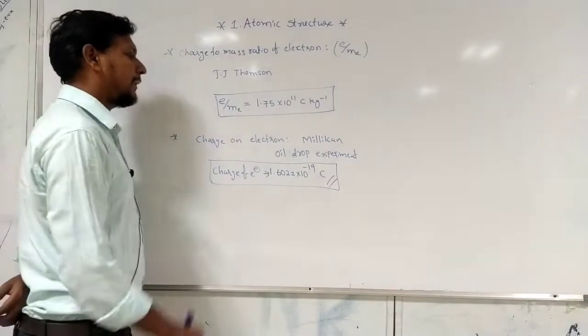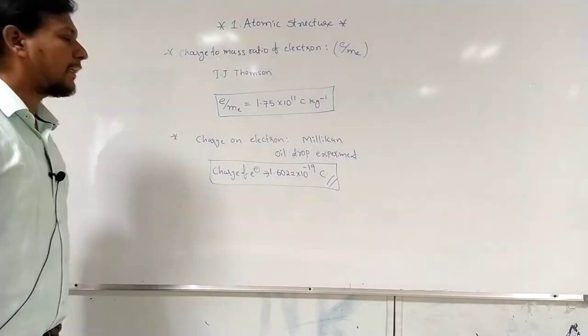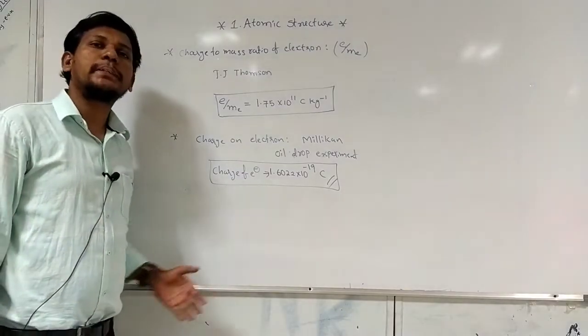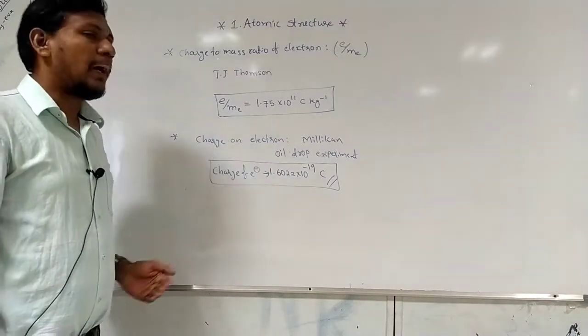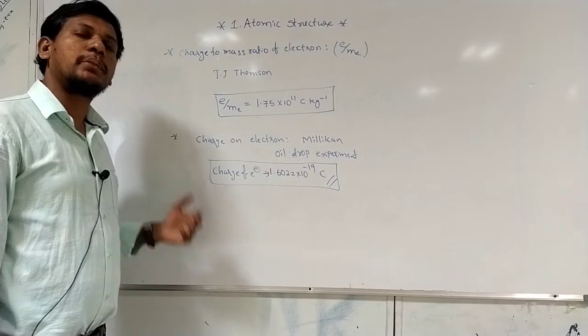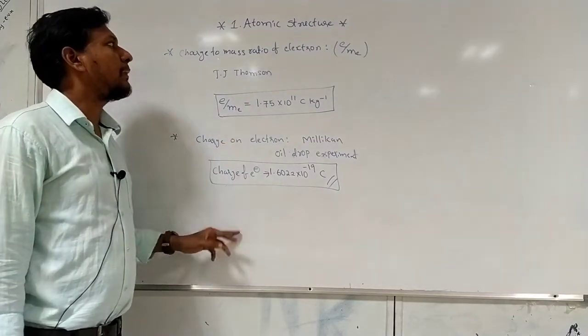These were already discussed in the properties of the fundamental particles: the absolute mass of the electron and the absolute charge of the electron. You have to remember these two things.